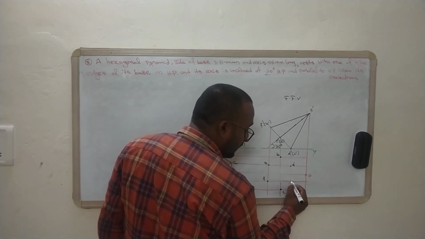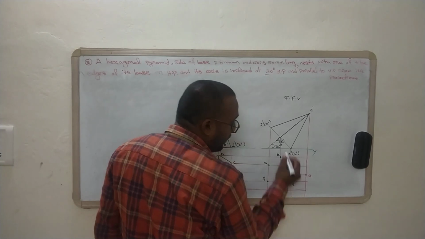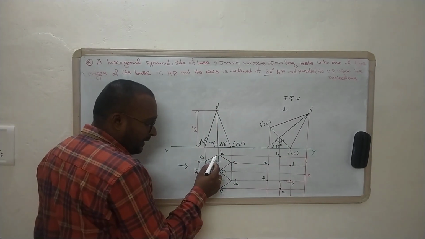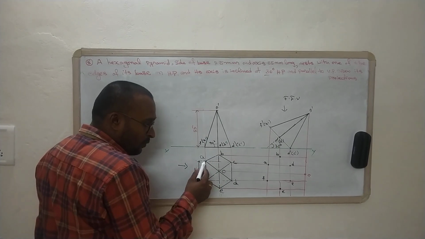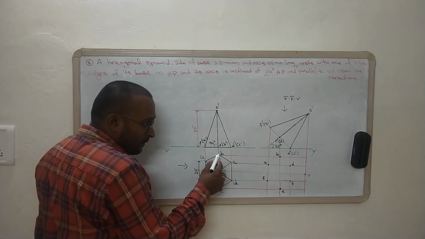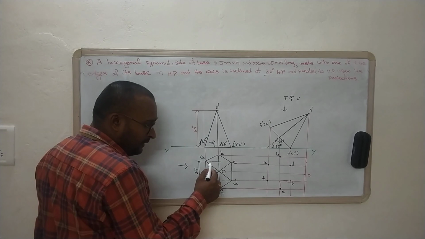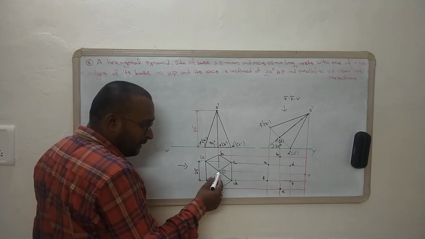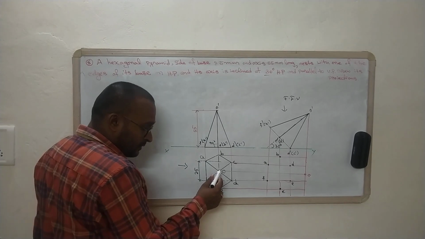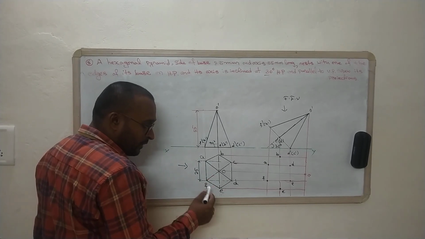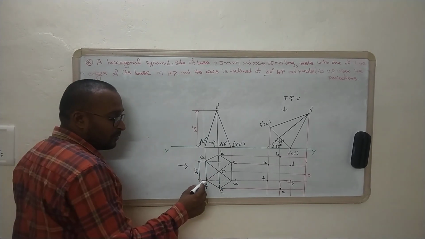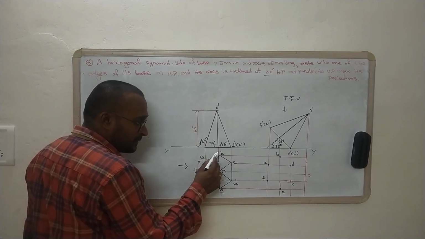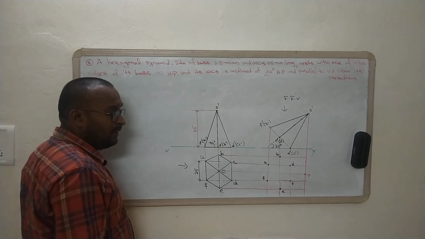D, E. So whenever we are going to see from the top view, I mean from this side, how many faces are going to be visible? AOB surface will be visible, AOF surface will be visible, OFE surface will be visible, so AOF surface, BOA surface will be visible.